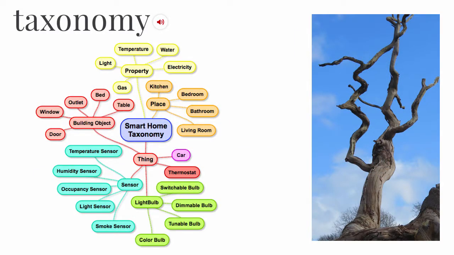And to come back to our initial definition here, we now see building objects, something like doors, windows, outlets. It doesn't matter whether they are smart or built into the house itself, things like that, as well as places, kitchen, bedroom, living room. Our vocabulary has therefore increased by quite some additional types of words here.